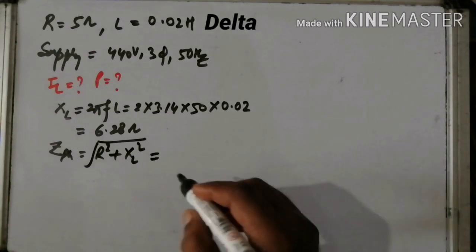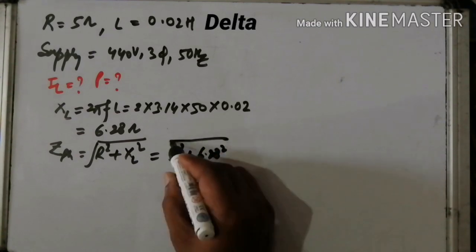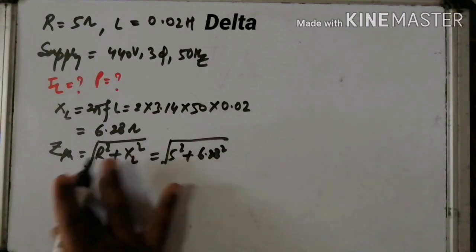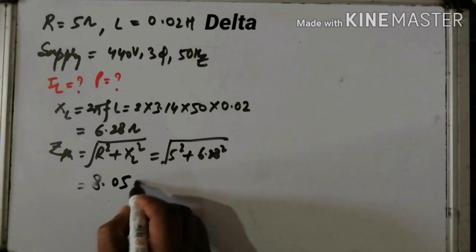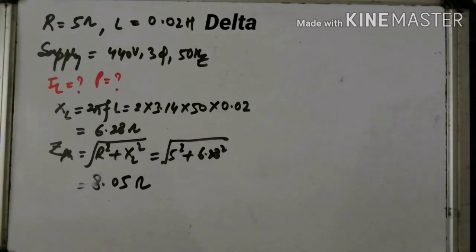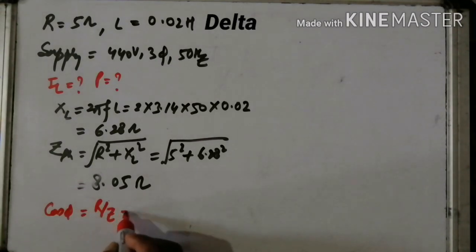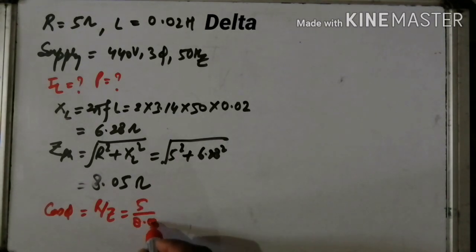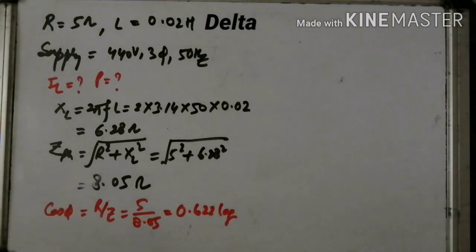According to this formula, it is square root of 5 square plus 6.28 square, it is 8.05 ohm. Now we can calculate power factor, that is cos phi, which is R upon Z. R is 5, it is 8.05 and it is 0.622 lagging. This is the value of power factor.